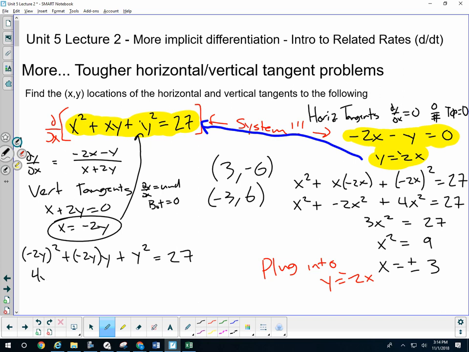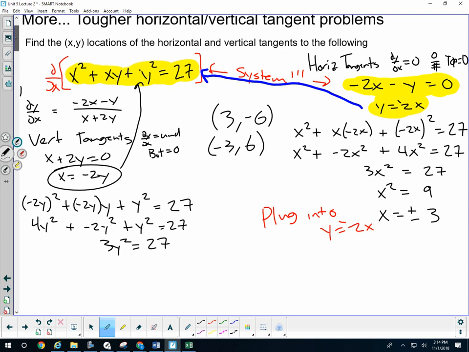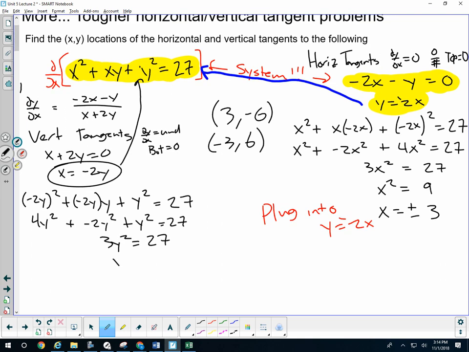We start to see things look very familiar to us. Now my y coordinate is 3, my x coordinate is negative 6.